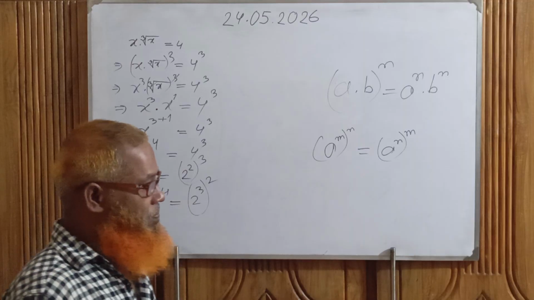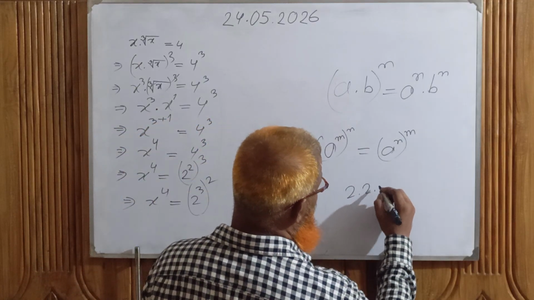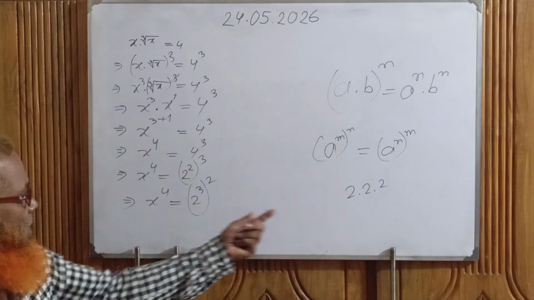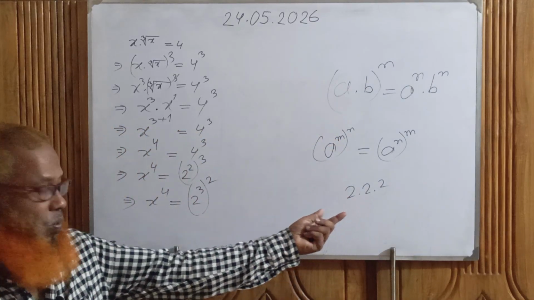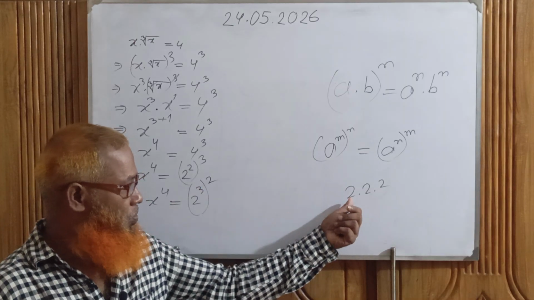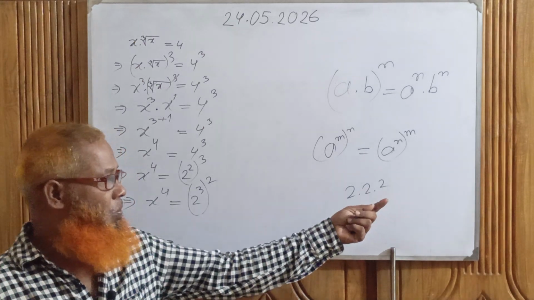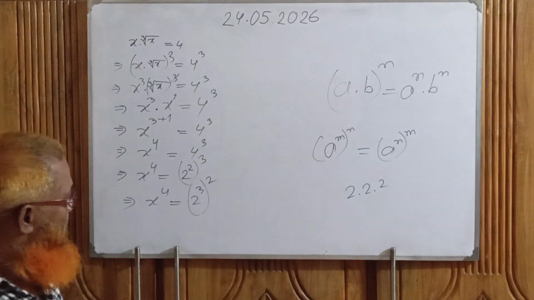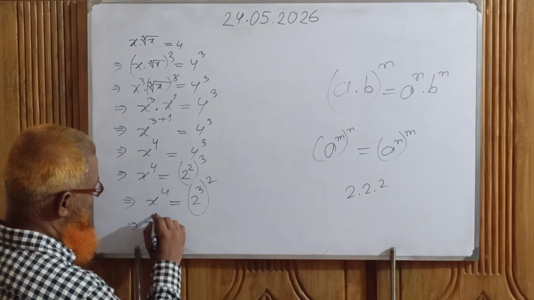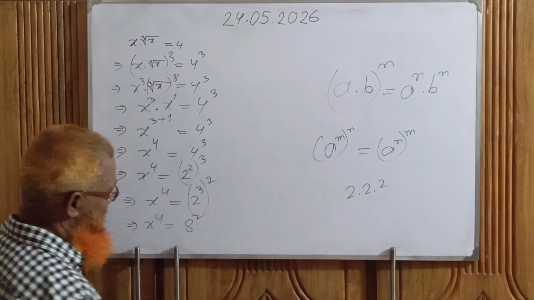And 2 power of 3 times 2, that is 2 times 3 times 2. 2 power of 3, 3 times of 2, 2 times 2 times 2 equals 2 power of 3, which is 8 square.